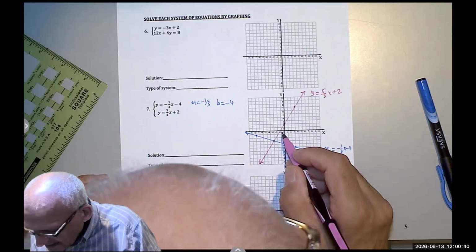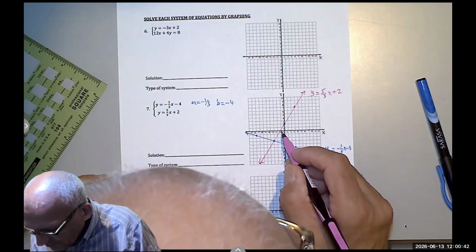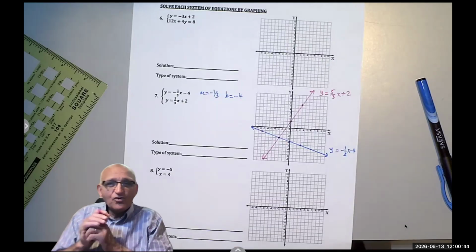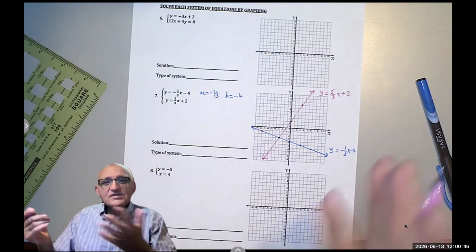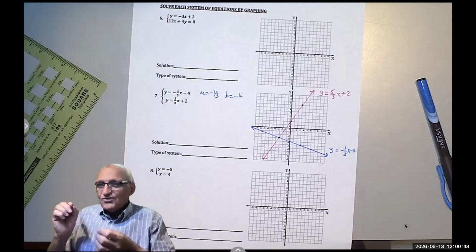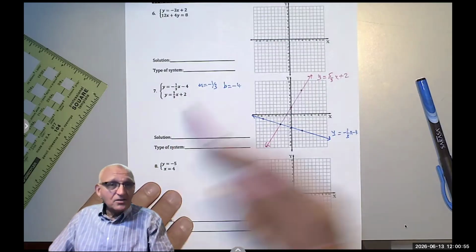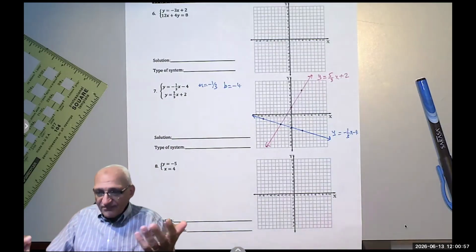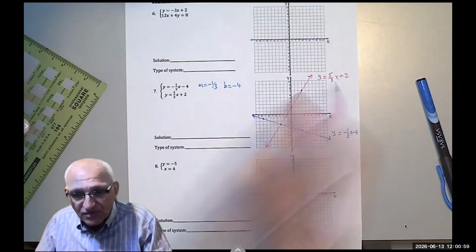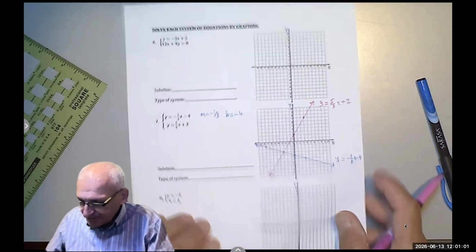It looks like it's not passing through negative 1, it's slightly to its left at negative 1.2. But if I were using that method, it would be hard to figure out where this point is. So I use y equals mx plus b. Notice I have the luxury of using whatever I want.